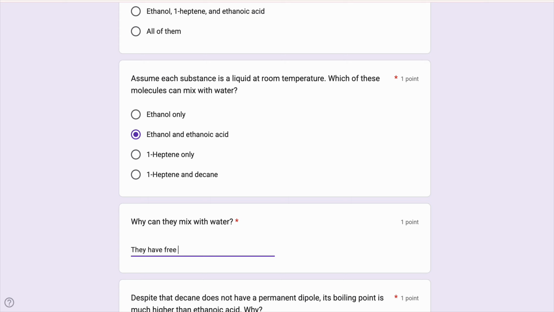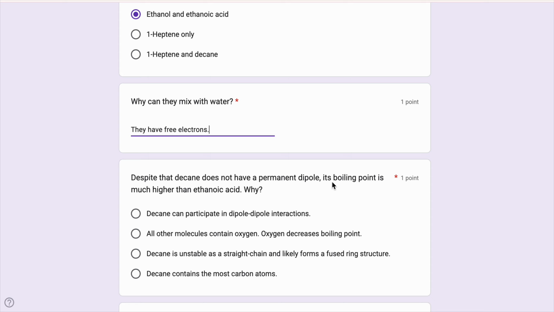Despite that decane does not have a permanent dipole, its boiling point is much higher than ethanoic acid. Why? Decane can participate in dipole-dipole interactions. All other molecules contain oxygen. Oxygen decreases boiling point.